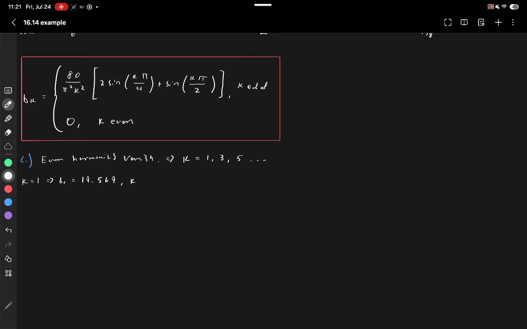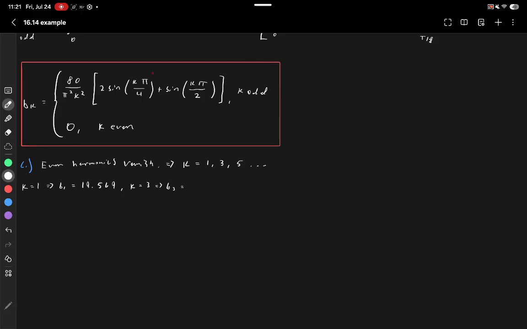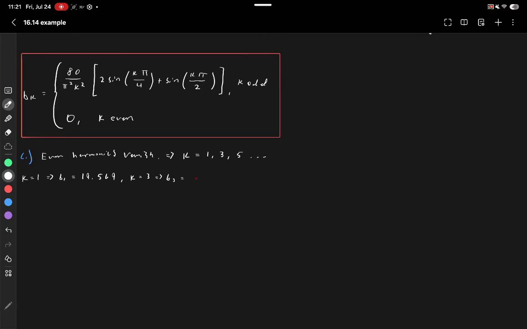Pretty nice. Now, we're not going to do k equals 2 because we're doing odds. So we'll go k equals 3. Therefore, our b sub 3, just plugging in 3 to these k's, is 0.33731. Very nice.